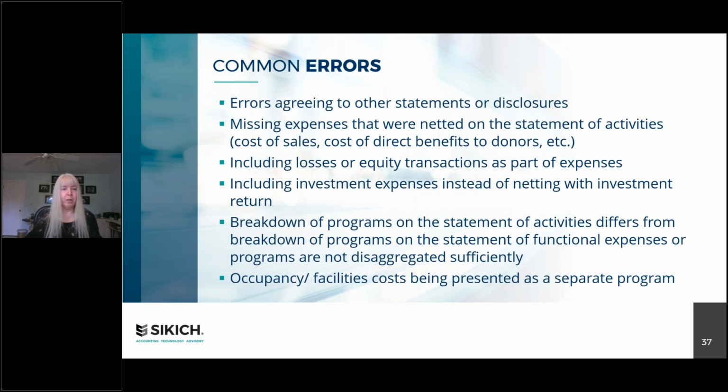Those should be the same, and the programs need to be disaggregated sufficiently. Other errors are occupancy or facilities costs being presented as a separate program. FASB codification says that's not allowed. Your occupancy and facility costs are to be allocated among the program and supporting services benefited.